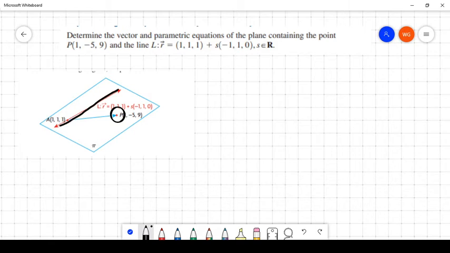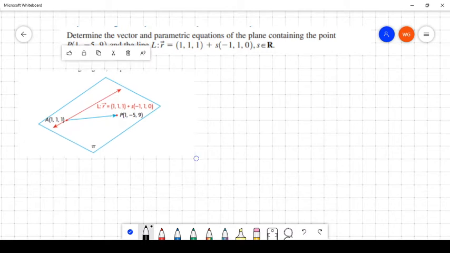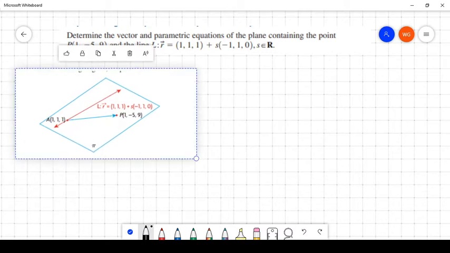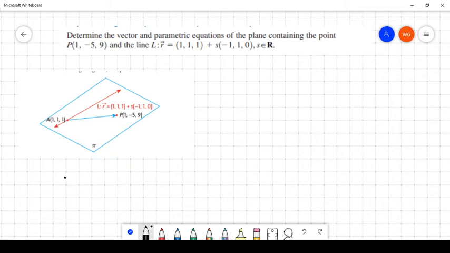I've drawn an arrow from my position vector on my line to the point, because the way we're going to come up with a plane equation is to establish 2 different direction vectors and a position vector.